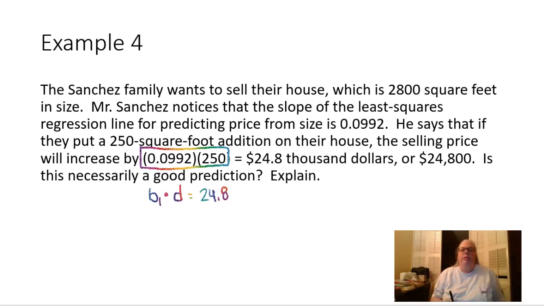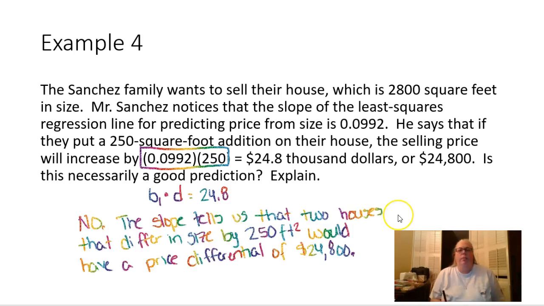And what this slope is actually telling us is if we have two houses that differ by 250 square feet, then we can multiply it by that slope and we can see there's probably a $24.8 thousand differential. But he can't make this claim based on comparing his house to his own house. And here is our explanation right here. No, this is not a good prediction because the slope tells us that two houses that differ in size by 250 square feet would have a price differential of $24,800.